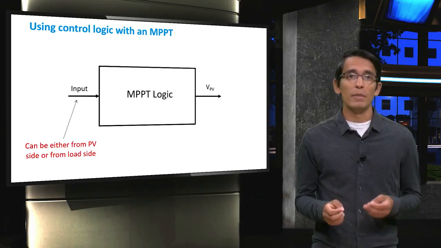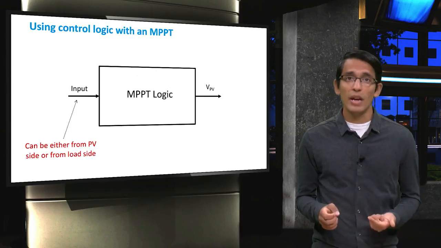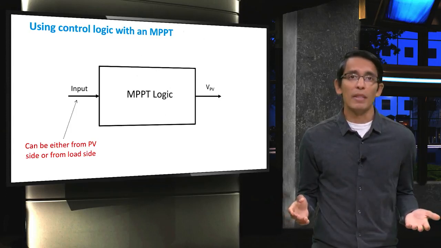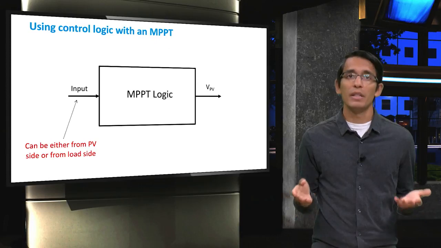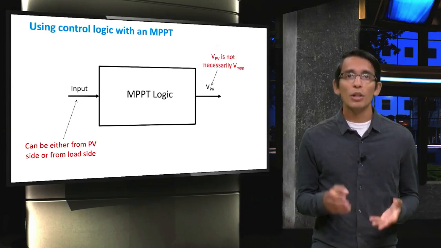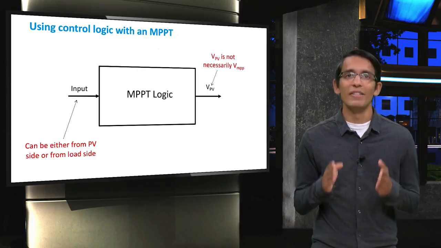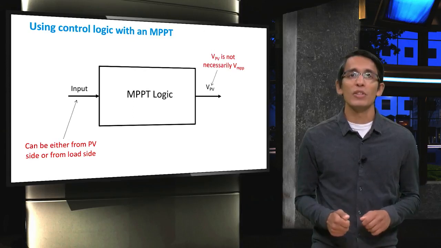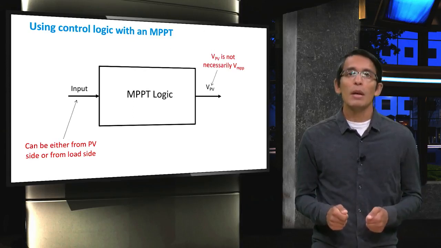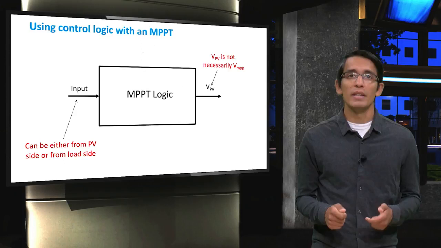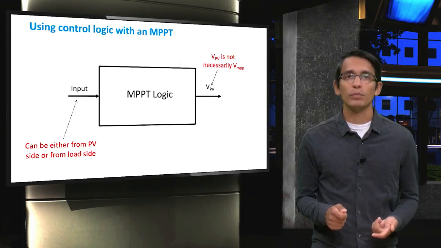This input could be from either the PV side or the load side, or it could even be something about the ambient conditions that will help us to calculate the input. Also important to realize is that the calculated voltage applied to PV isn't always equal to exactly the Vmpp. Accuracy will depend on the algorithm used, but all of them are trying to calculate this as best as possible.